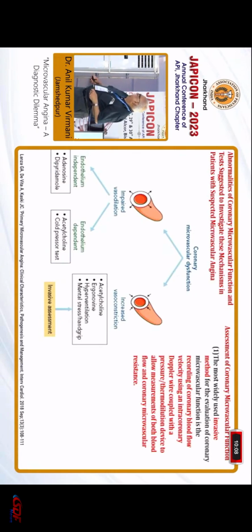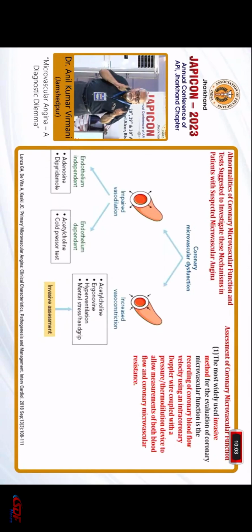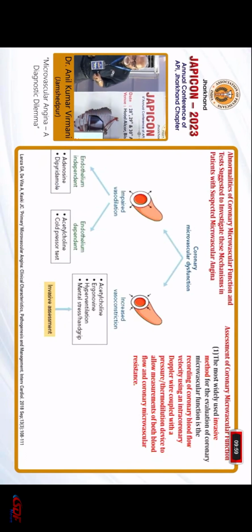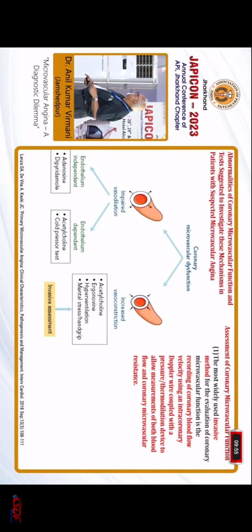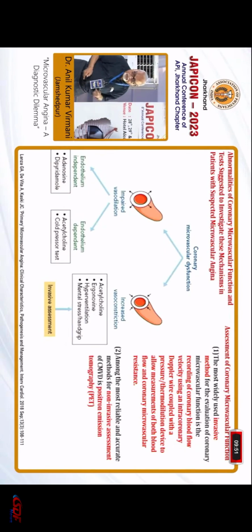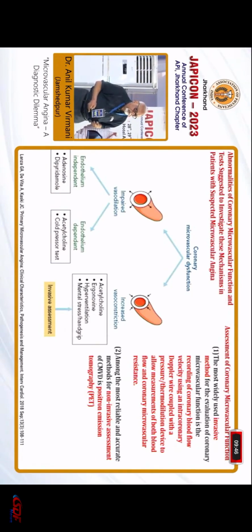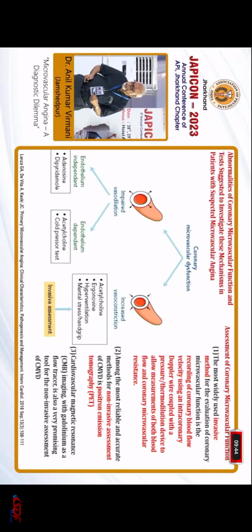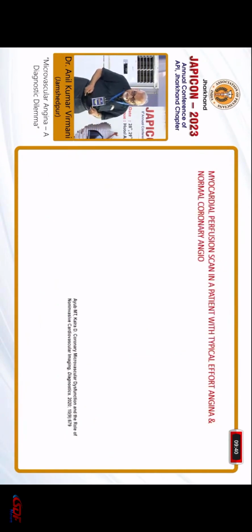So what morphological evaluations are you going to do? The most important is the invasive one, using the Doppler wire coupled with a pressure thermodilution device to measure both the coronary blood flow and the coronary vascular resistance. And then we have the non-invasive investigations with positron emission tomography, and the cardiovascular MR is also coming up.